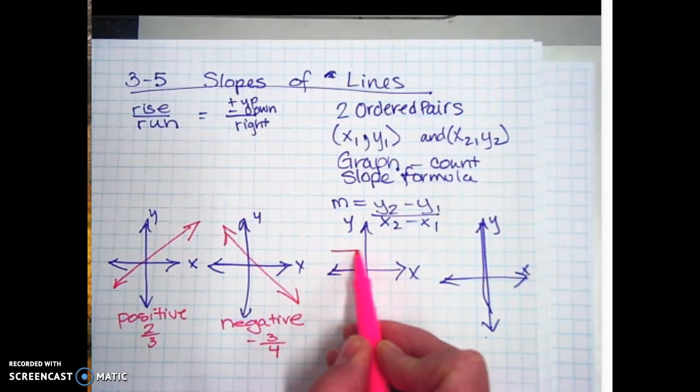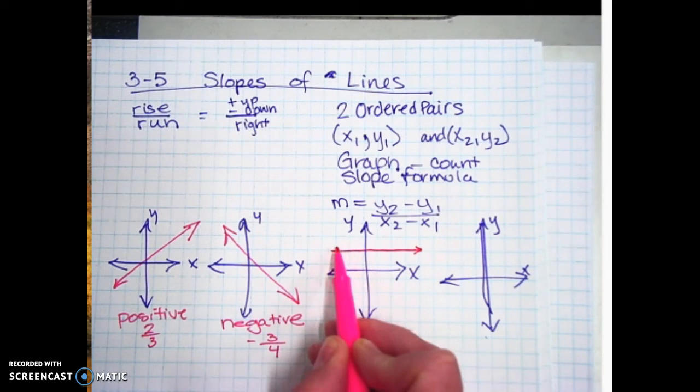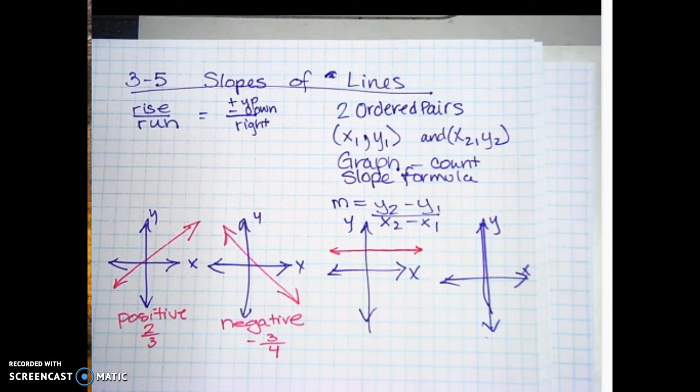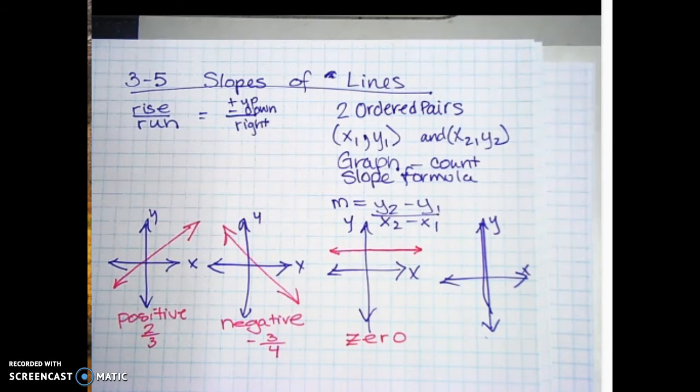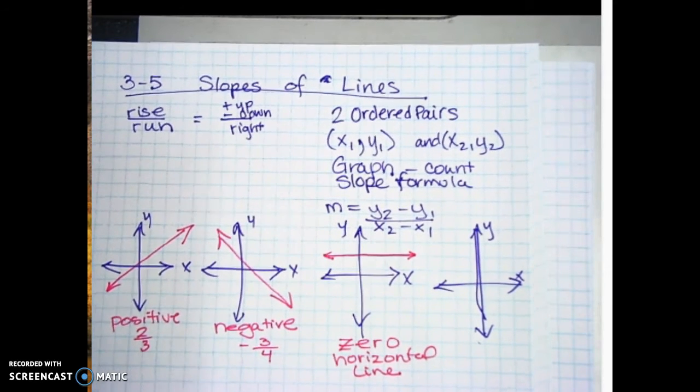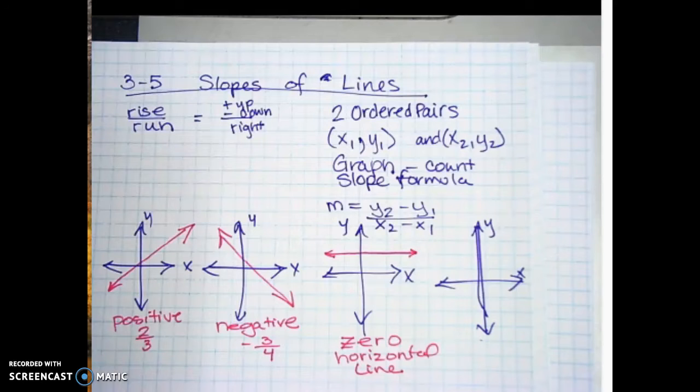The third one is when your line is completely horizontal, okay? This is what we call a slope of 0. It's going to be a horizontal line, okay? No slope. It's not going up. It's not going down. It's just flat, straight across. You're in the middle of the desert. You're not going up. You're not going down, okay?